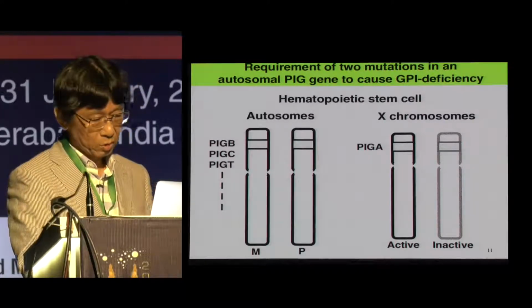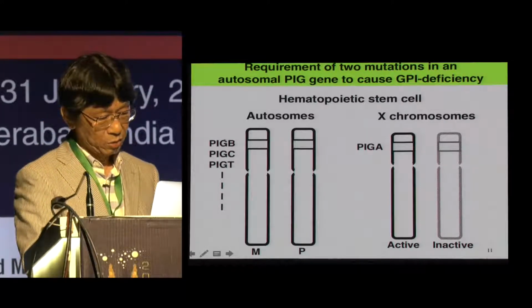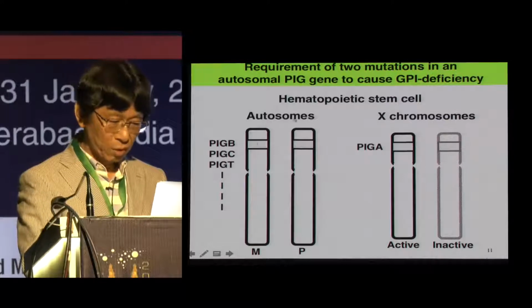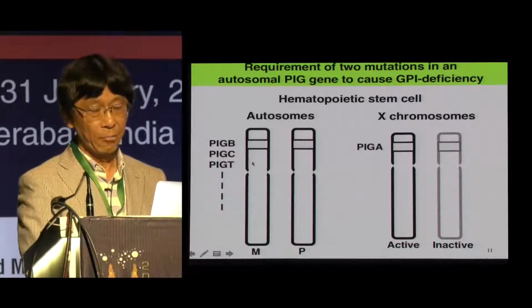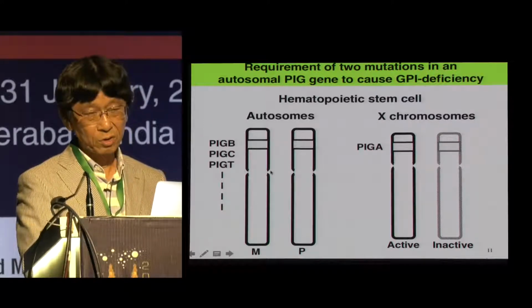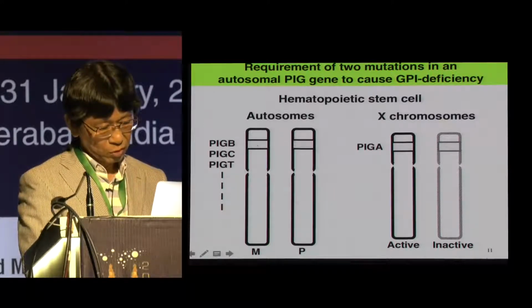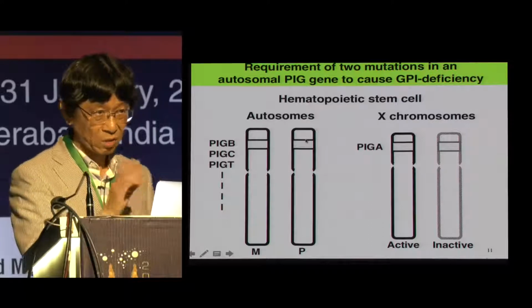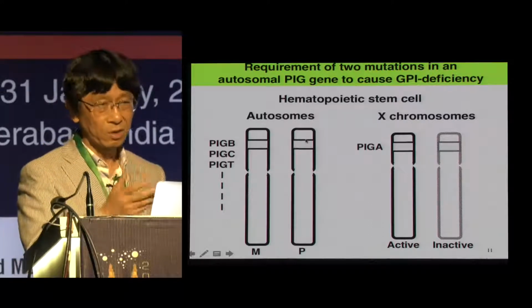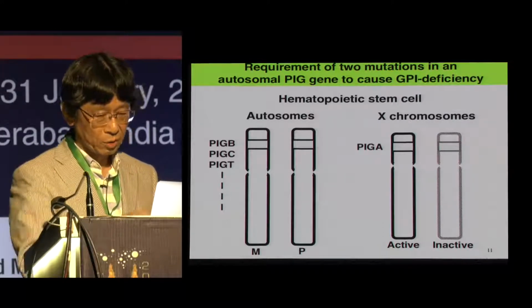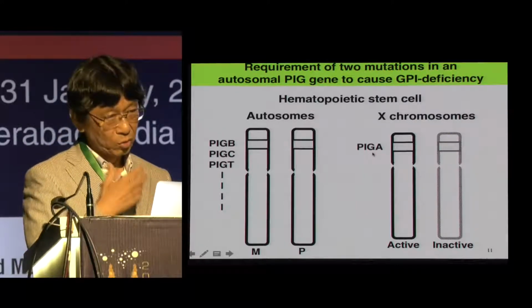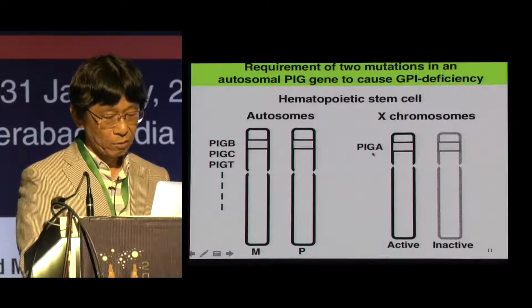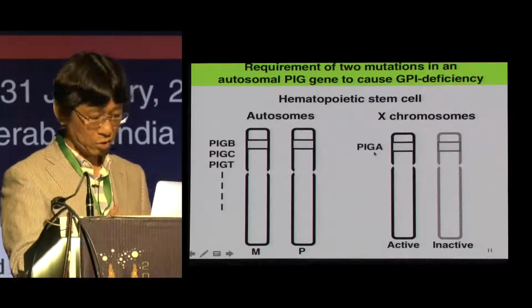For autosomal genes, such as PIGB, PIGC, two alleles are active, the maternal allele and the paternal allele. So to have the GPI deficiency, two somatic mutations in a single cell are required, but such frequency is extremely low. So practically, only PIGA mutation can be responsible for this acquired disease.